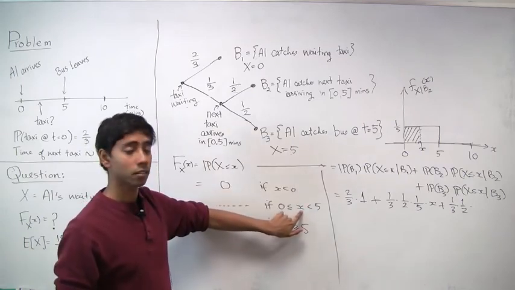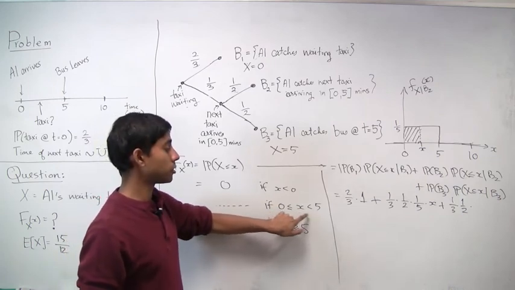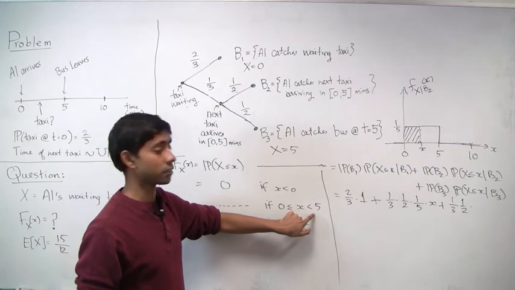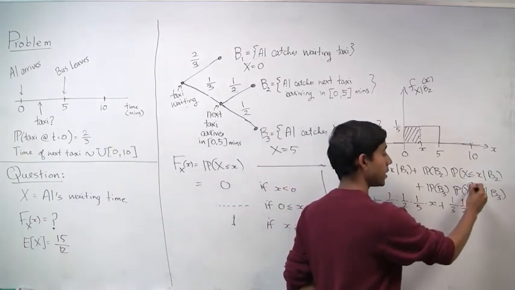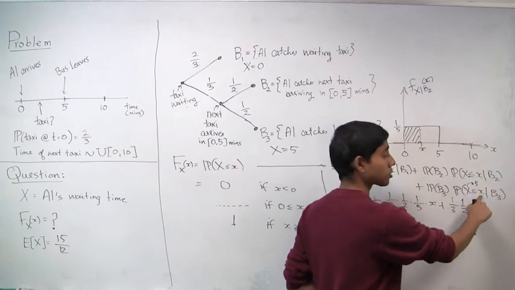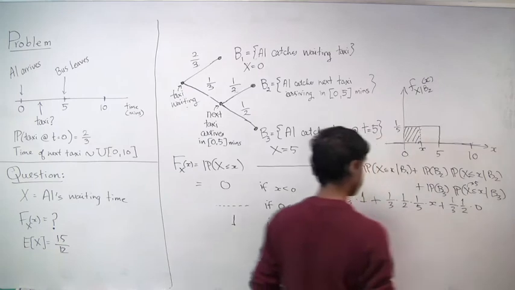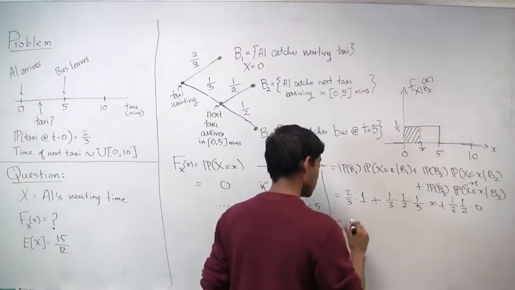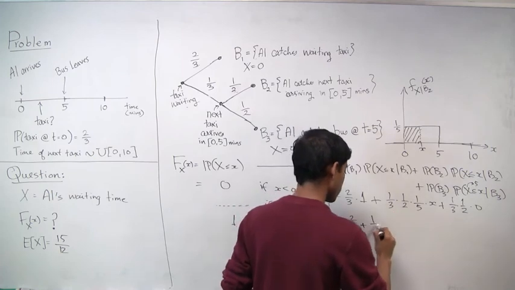But little x, we're assuming this condition, is going to be between 0 and 5, but strictly less than 5. So there's no way that if the random variable x is 5, and this is strictly less than 5, this is going to be true, and so that probability is going to be 0. So we're now left with 2/3 plus 1/30 x.